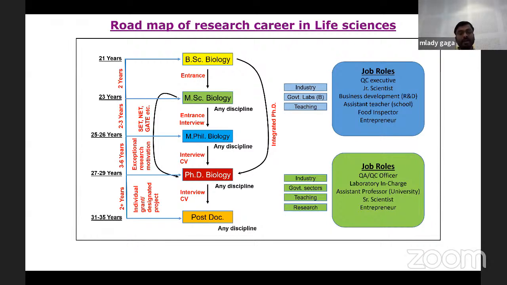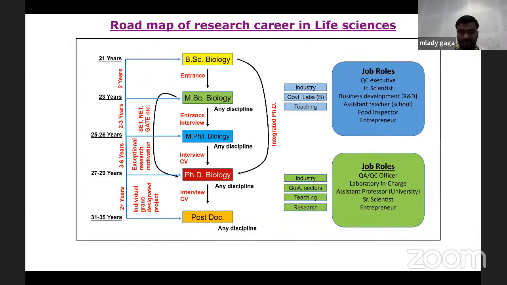Second, you can also go for government jobs, like recruitment in government labs such as ICAR, the Indian Council of Agricultural Research. They recruit scientists, but these are Scientist B posts, because you have a master's degree. Also you can go for teaching jobs like school teaching. And there you have job roles like junior scientist, or you can be an entrepreneur, and so on.